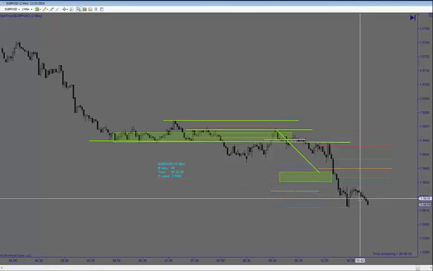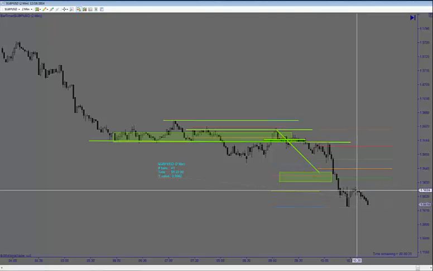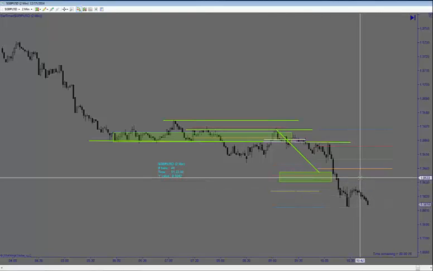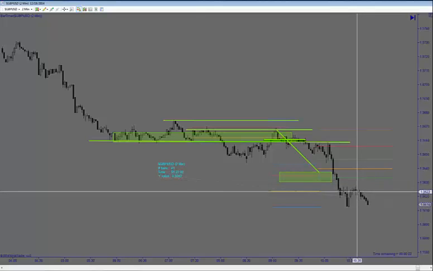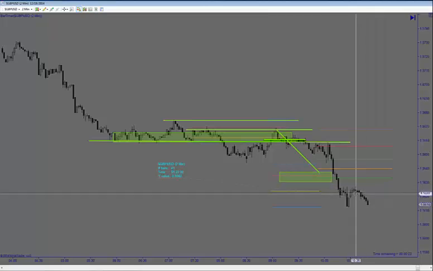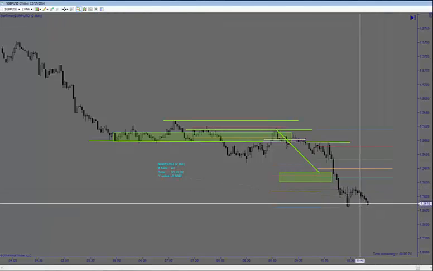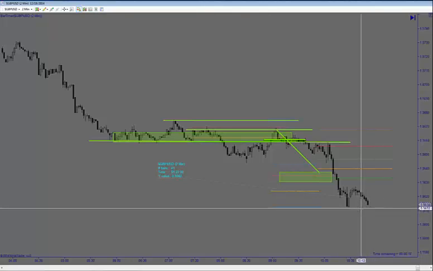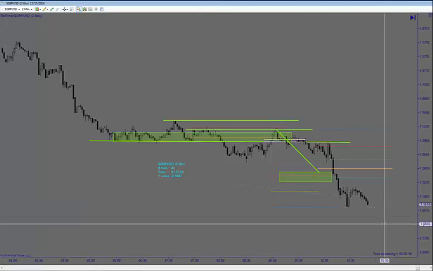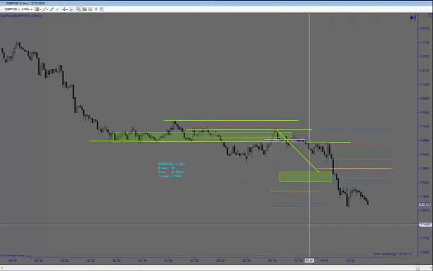One, I wouldn't have considered a short in this area, because price has not at the very least achieved the 38% extension here. And the amount of strength that I see taking price lower deeply concerns me in price being able to achieve a good projection as of right now.